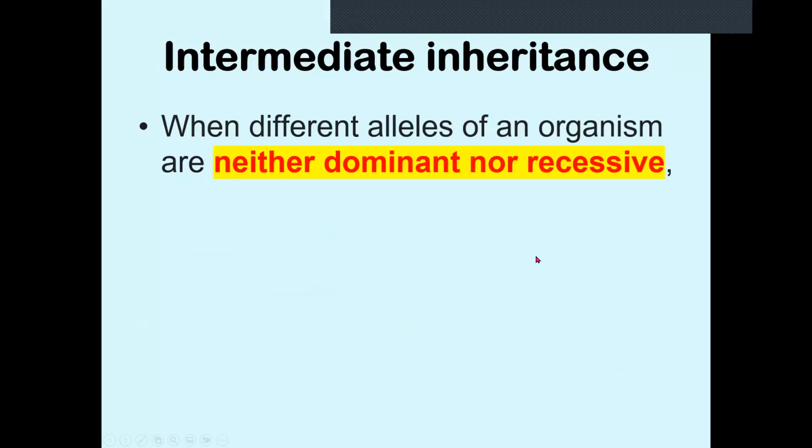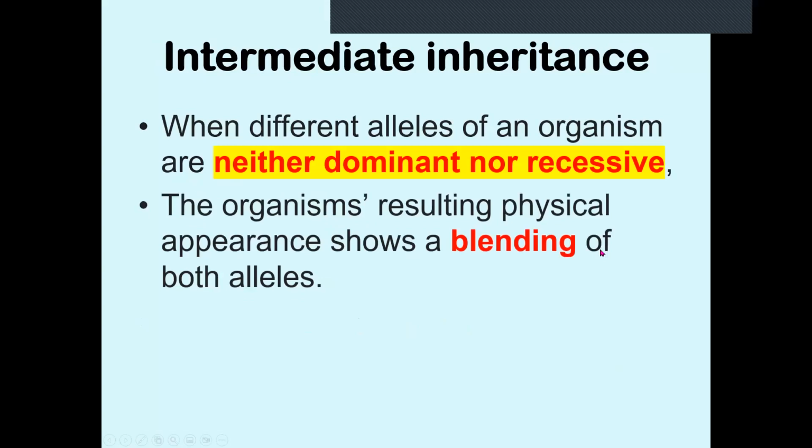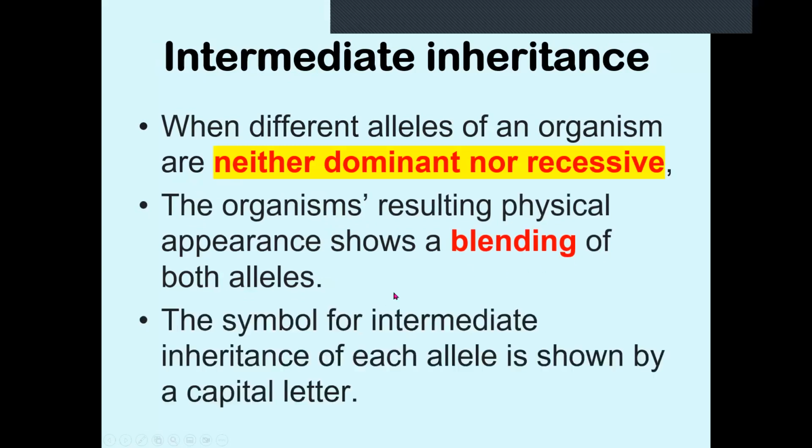And then we have intermediate inheritance. So it's not dominant and it's not recessive. And you get this blending of the alleles. And so the symbol for intermediate inheritance is shown by a capital letter.